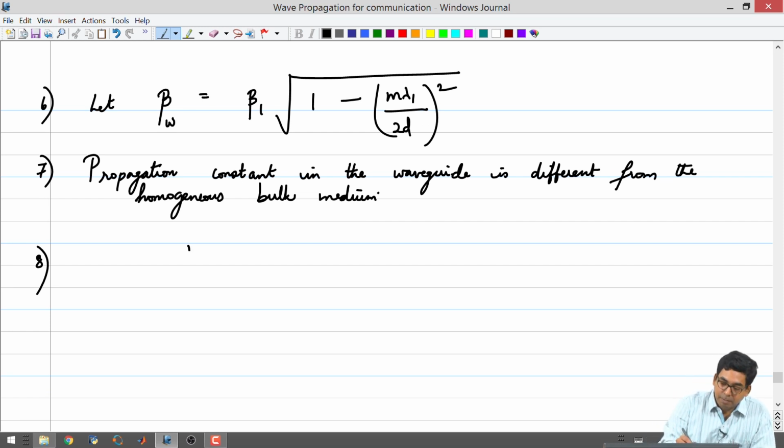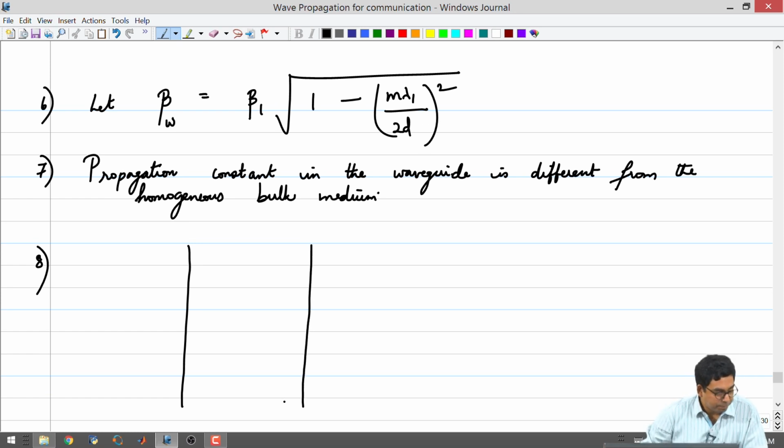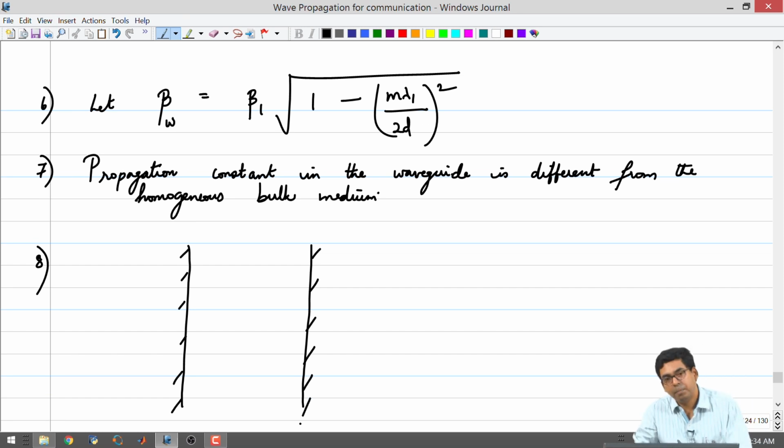This means that let us take the parallel plate configuration that we have drawn and look at it a little bit more closely. Suppose my choice is m equal to 0.